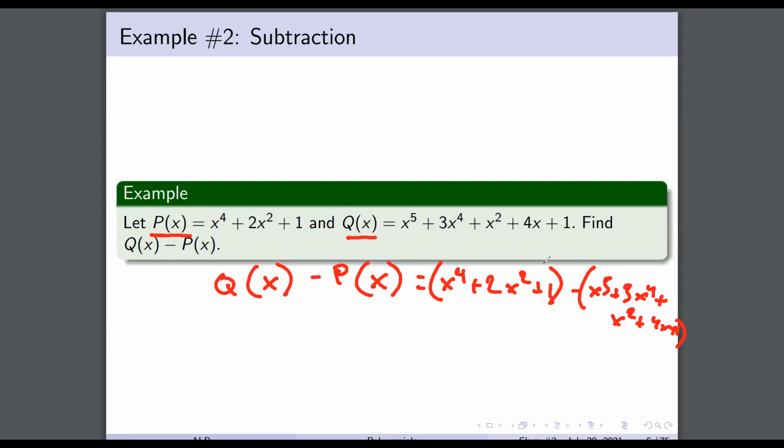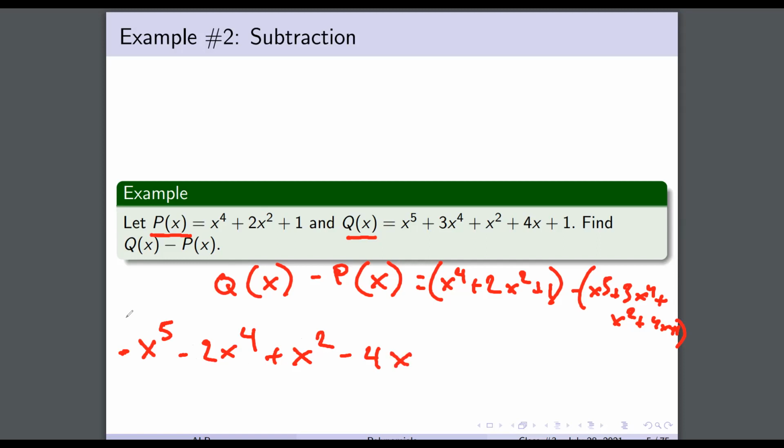Sorry if you can't see that, but move over a little bit. Then we can subtract like terms. So we would get negative x to the 5th, minus 2x to the 4th, and then plus x squared minus 4x, and then plus 0.